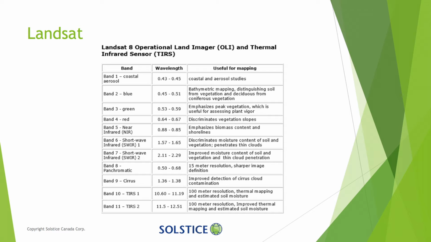And then shortwave infrared bands, which are longer wavelengths, also respond to changes in soil moisture and vegetation. All the way up into the thermal infrared, which strongly varies with changes in soil moisture. So that ends up giving you a lot more data than what you'll get with your standard air photo imagery.